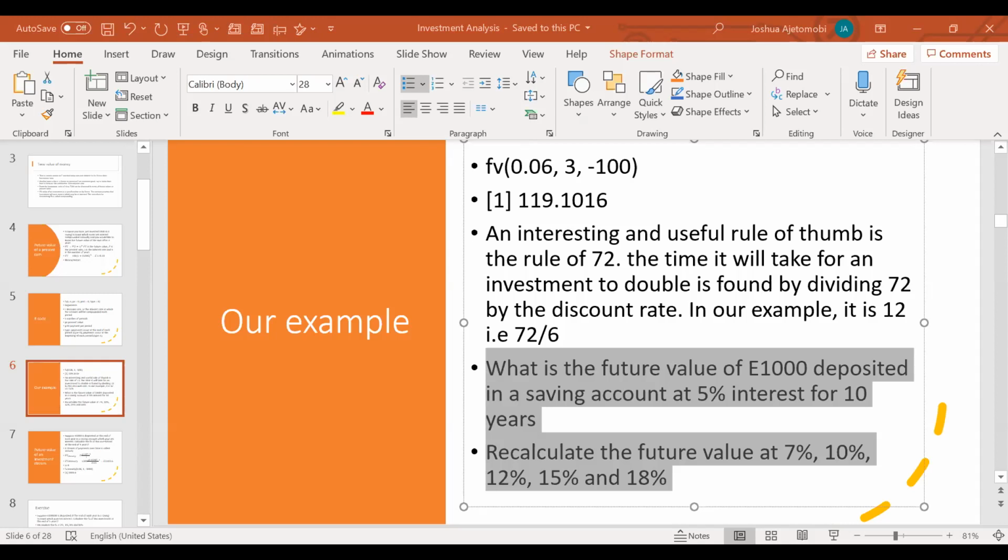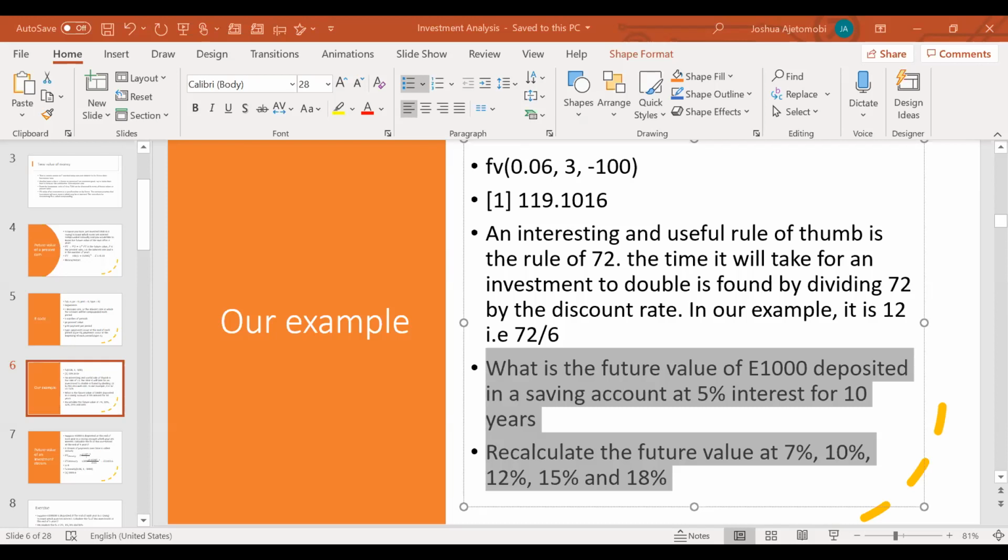My first one is not 14, it's 1,628.90. For 5%? Yes. 5%, 10 years, 1,000. The correct answer is 1,628.90.